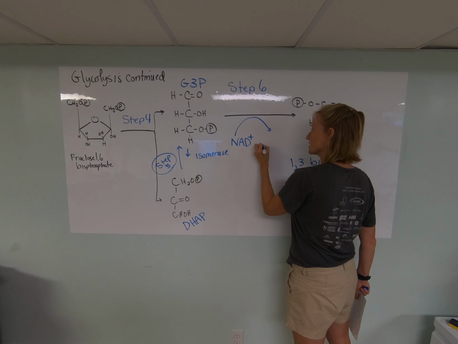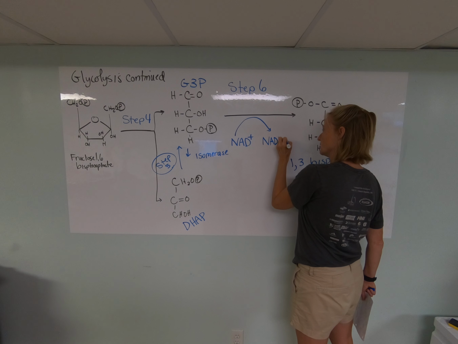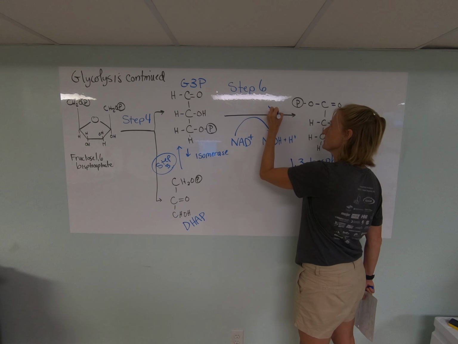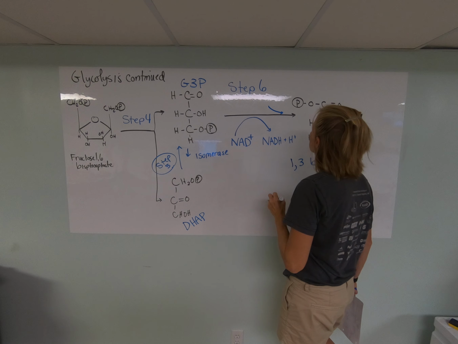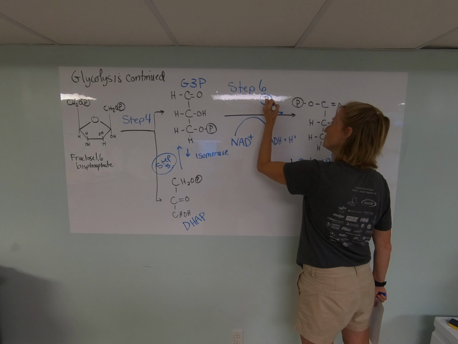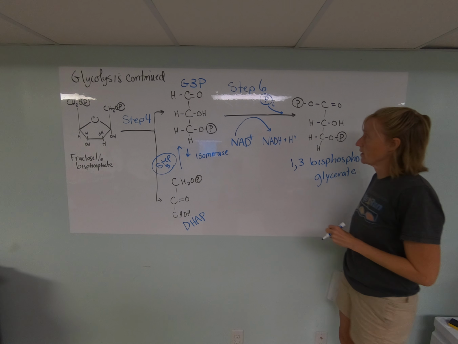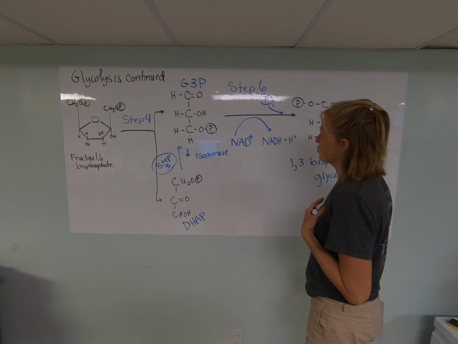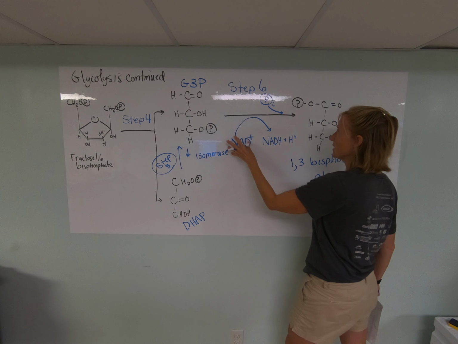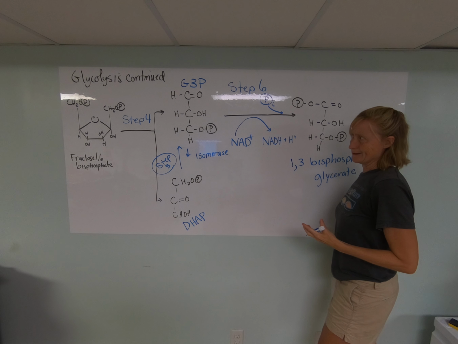NAD+ gets converted into NADH plus an extra proton, and another reactant here is what's called an inorganic phosphate, a phosphate molecule just hanging out in the cytoplasm. Whew. So we've got lots of reactants: glyceraldehyde 3-phosphate, NAD+, and this phosphate.